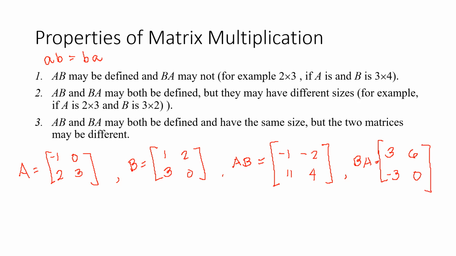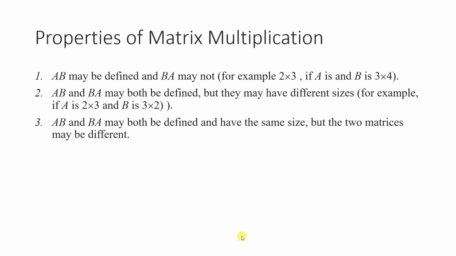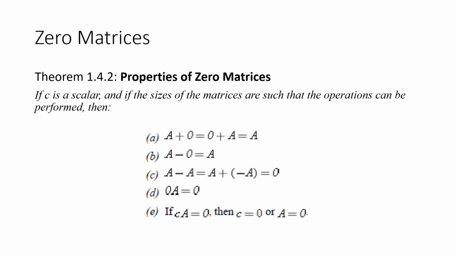So as you can see, AB is not equal to BA. Okay, so zero matrices.